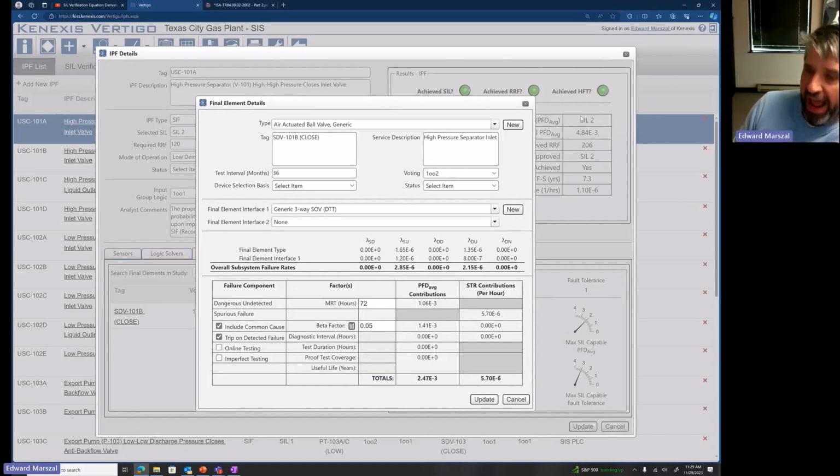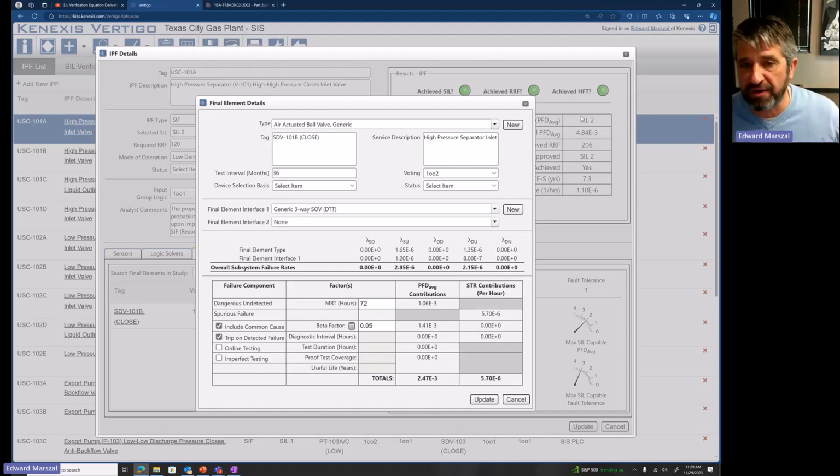We don't do that. That level of detail really is never going to show up in your significant digits. But what we do in Vertigo is the truest form of the equation or of the voting arrangement.